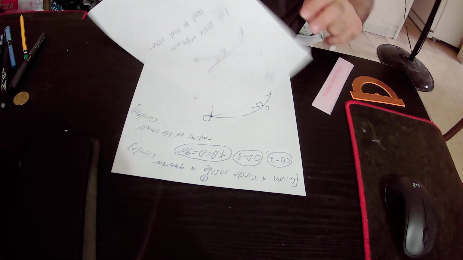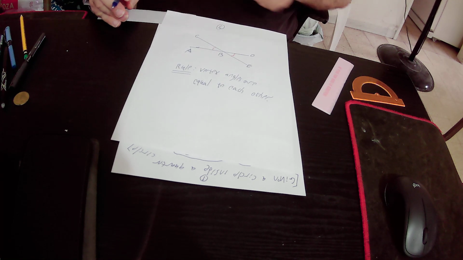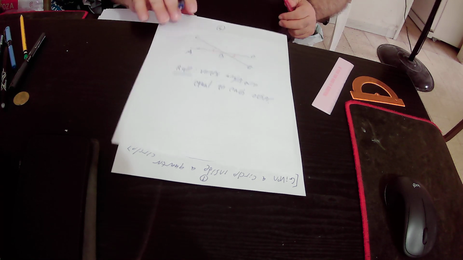Again, the rule states that vertical angles are equal to each other.